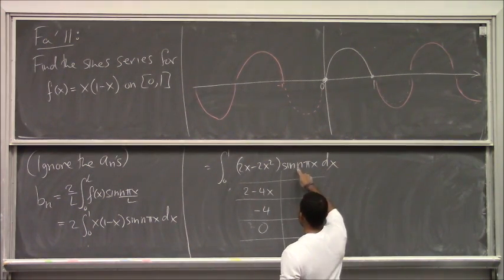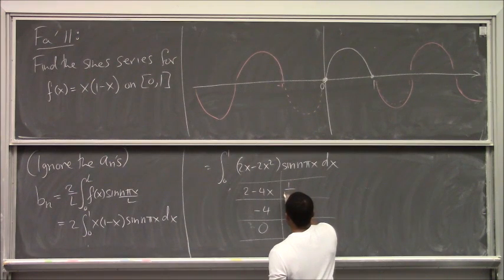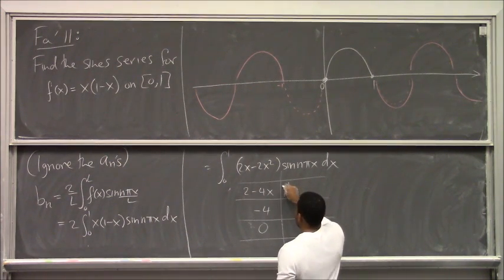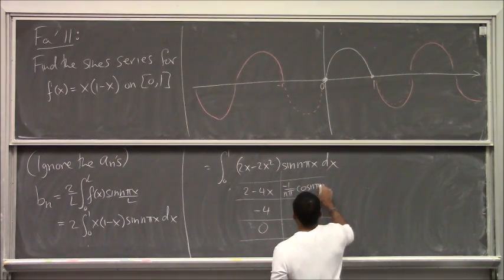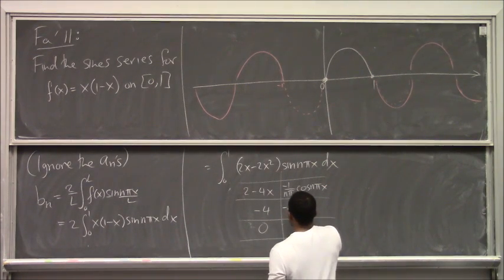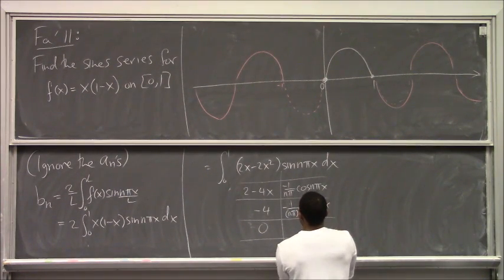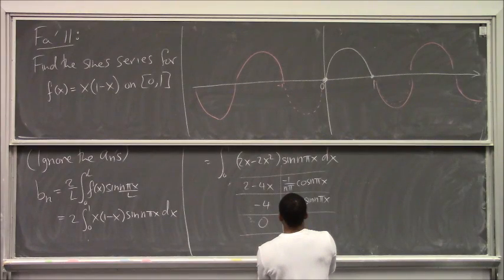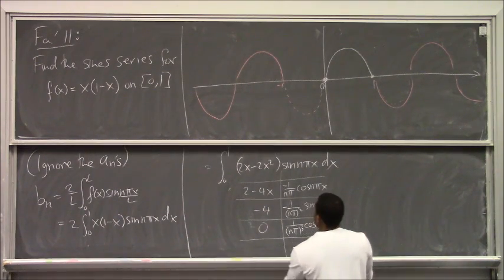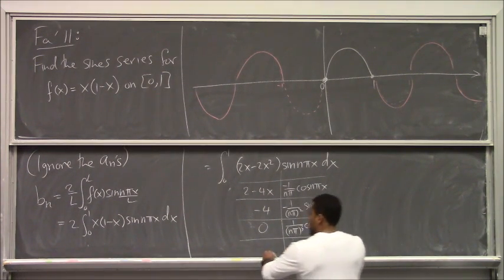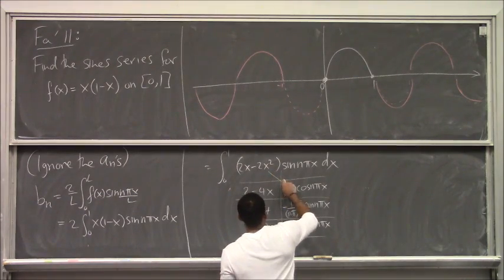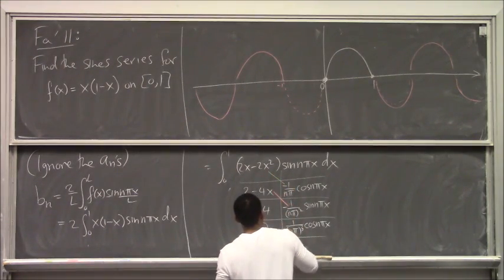Then you keep integrating the sine: that is 1 over n pi times minus cosine, then minus 1 over n pi squared times sine, then multiply by the negative again, so it becomes positive 1 over n pi cubed times cosine. So we add this product, subtract that product, add this product.